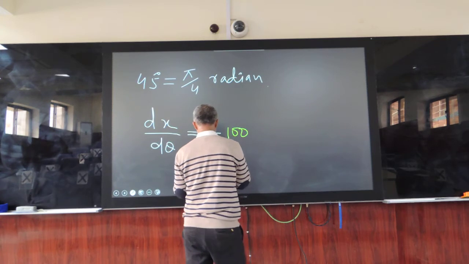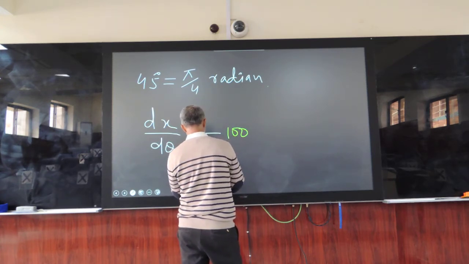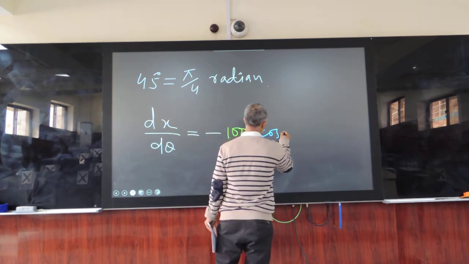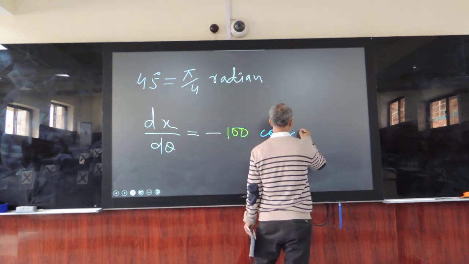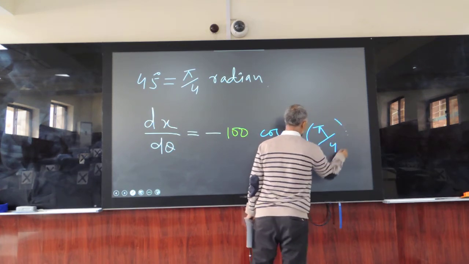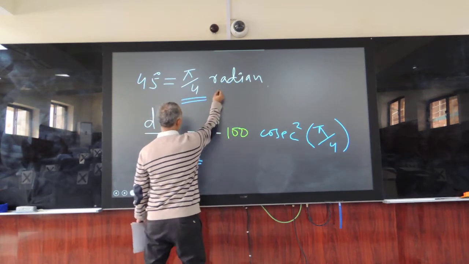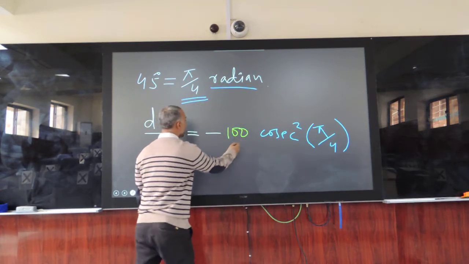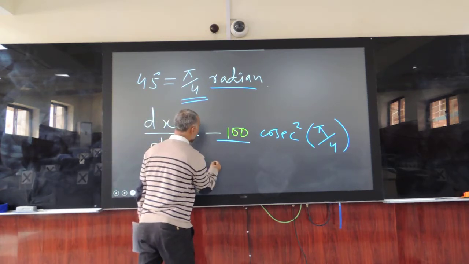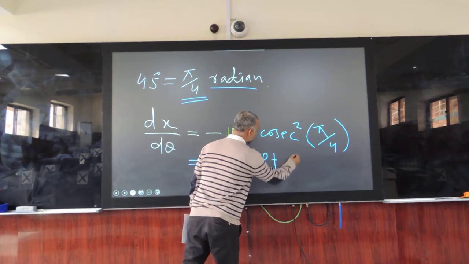On substituting, cosecant square pi over 4, simply that is in radians. We will get the answer in radians, and 100 is a height in feet. The answer will be almost minus 200 feet over radians.